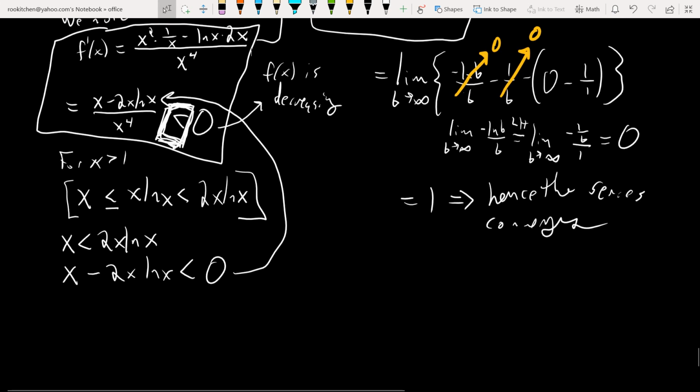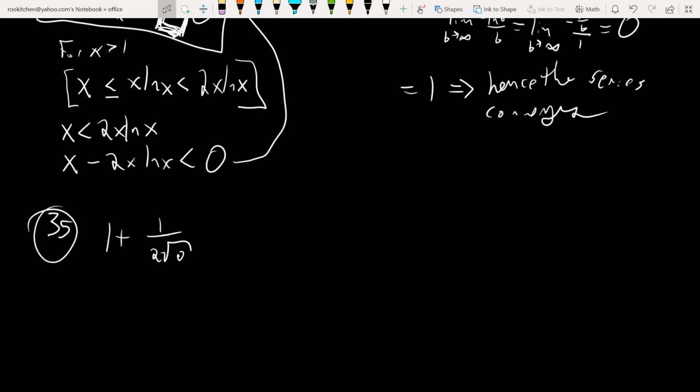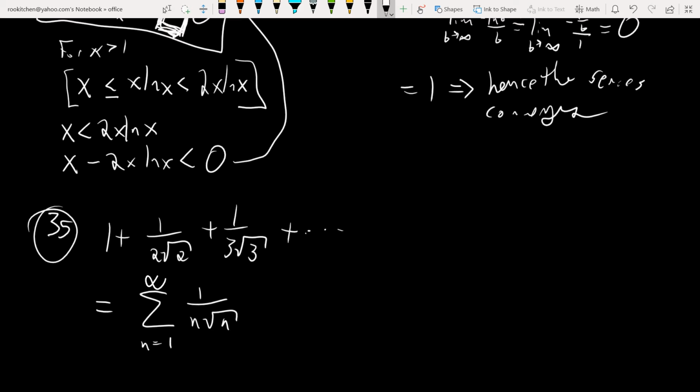Okay. Then we have stuff on p-series, so let's look at number 35. So determine if it's convergent or divergent. 1 plus 1 over 2 root 2 plus 1 over 3 root 3 plus and so on. The trick to this is to rewrite it in series form. So this is 1 all over n root n, where n is going from 1 to infinity.